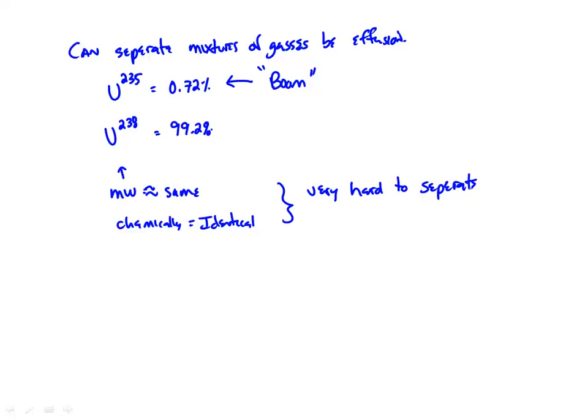And so what they really end up doing is they react it to form UF6, which is a gas. And then if you take a look at the ratio of uranium-235 to uranium-238, oops, got the U on the wrong side. This is a U for uranium.